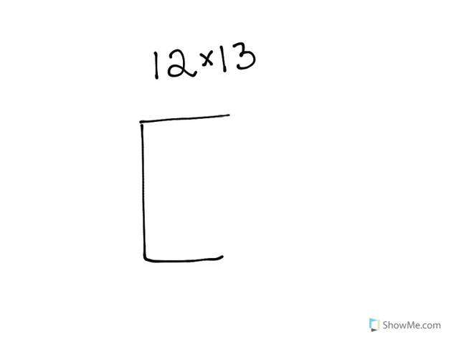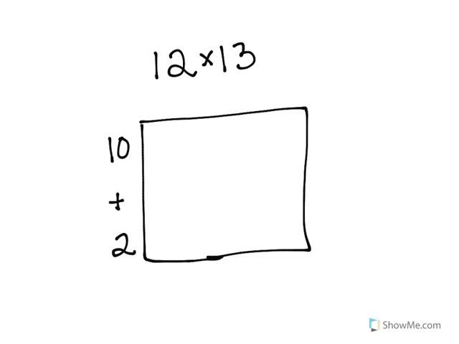When we use the area model, we don't always use base 10 blocks. So I want to show you what the recording looks like when we just rely on paper and pencil. So we would go ahead and create our model. We decompose our two factors, and we'll put our 12 along this side and our 13 along the top.